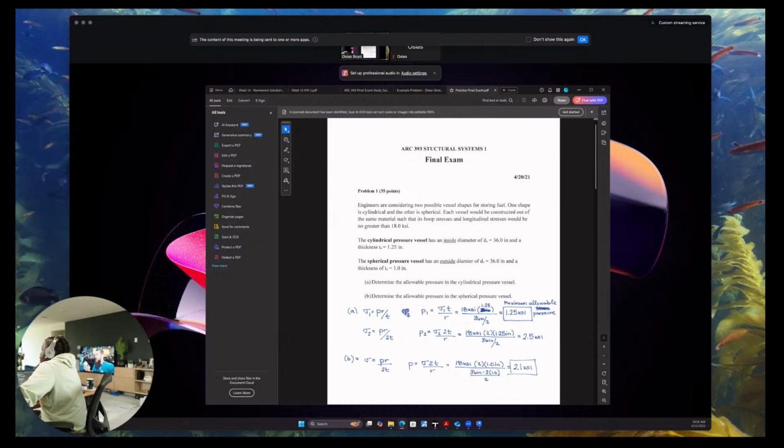The spherical pressure vessel has an outside diameter D of 36 inches, and a thickness of 1. The question here is to determine the allowable pressure in the cylindrical pressure vessel, and the allowable pressure in the spherical pressure vessel.